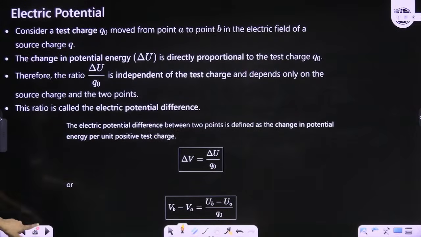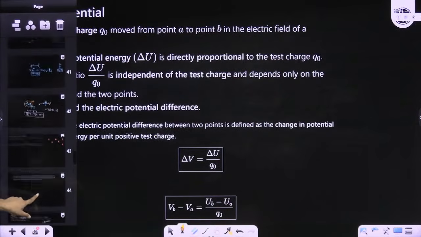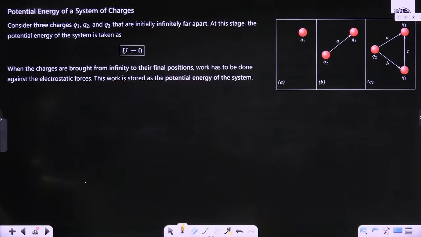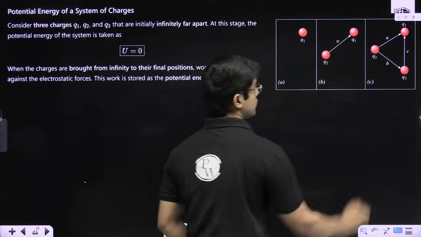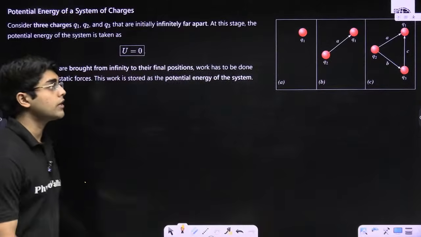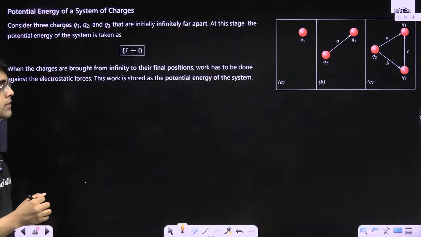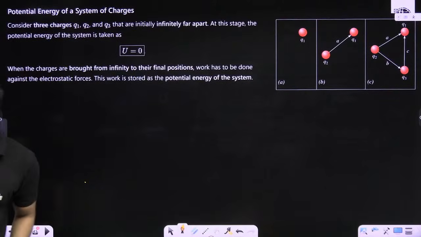Now we will take a look at how to write the potential energy when we have 3 charges. We looked at how to write the potential energy for 2 charges. Now we will write it for 3 charges.